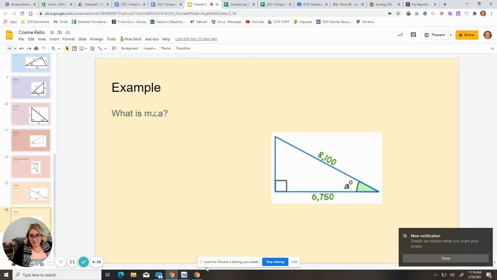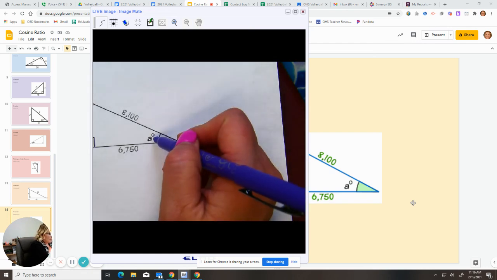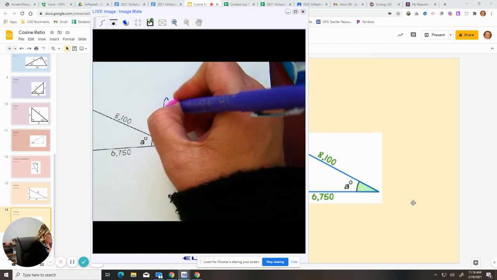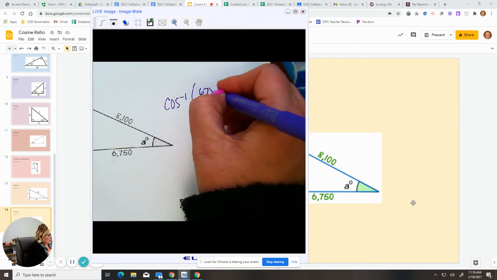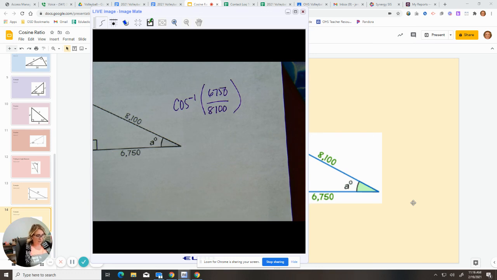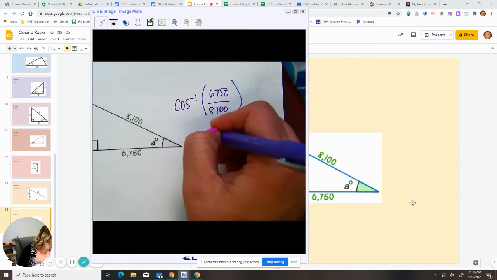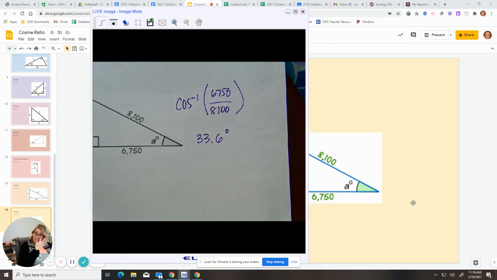So again, we have angle A is what we're looking for. We're going to have the adjacent over the hypotenuse. If I plug that in, I get 33.6 degrees.